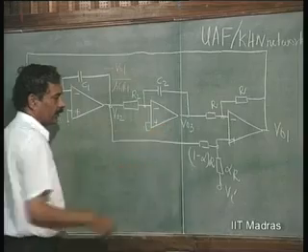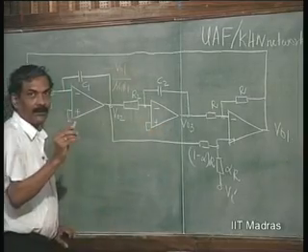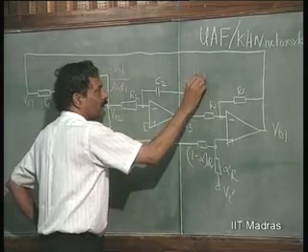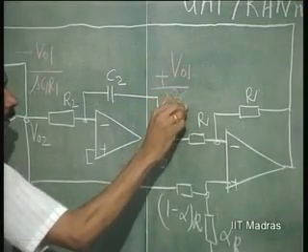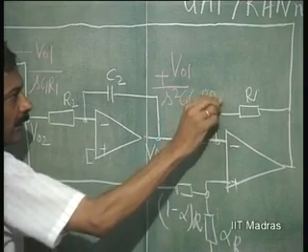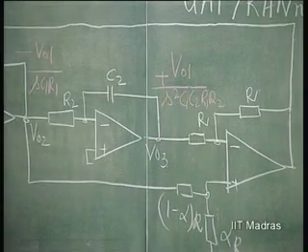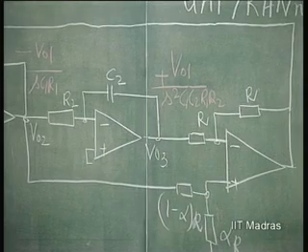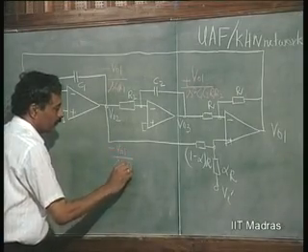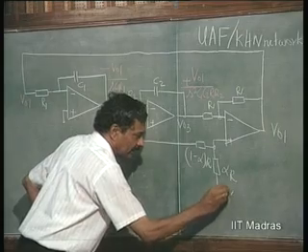Again it is integrated once again. So, plus V naught 1 by S squared C 1 C 2 R 1 R 2, second time integration. This is already minus V naught 1 by S C 1 R 1, this is V I.